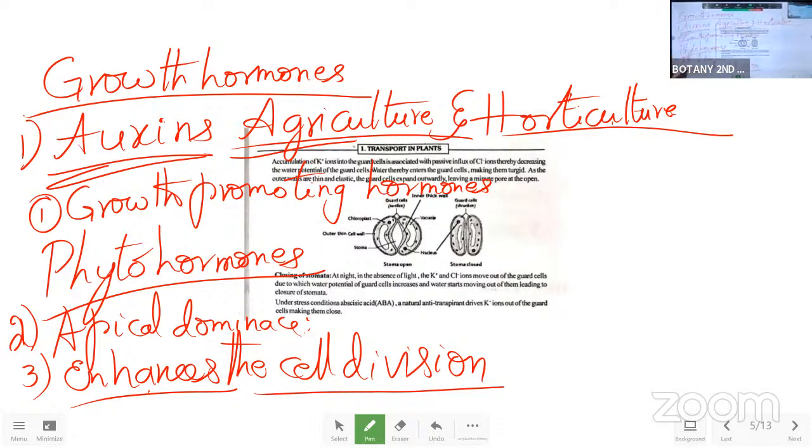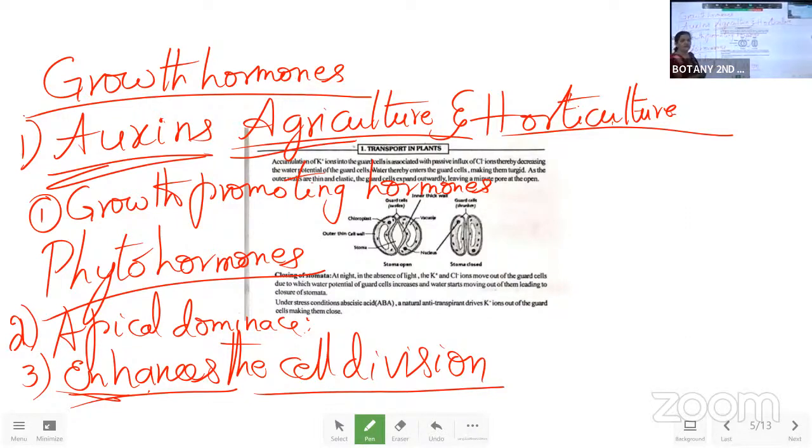That's the most important one, what we have to conclude, because they are asking with agriculture and horticulture. So when we are saying this, along with the examples and the explanations, that will be the best method. Okay, so with the enhancement of the cell division, leaf promotion will be more, as well as the disease resistance capacity will be increased in the plant body, so that the yield will be 4 times more from the plant body.